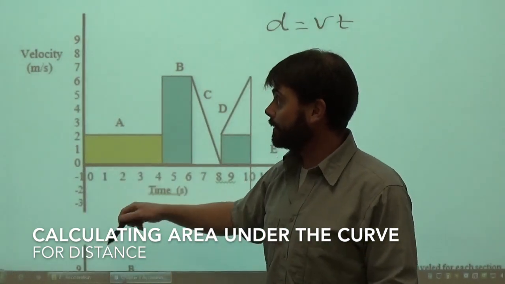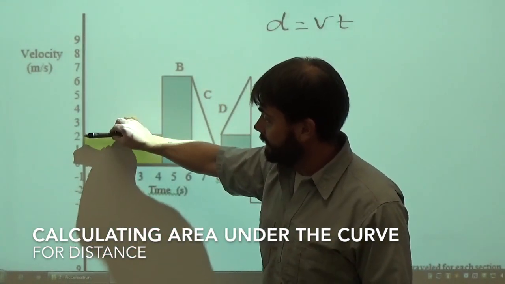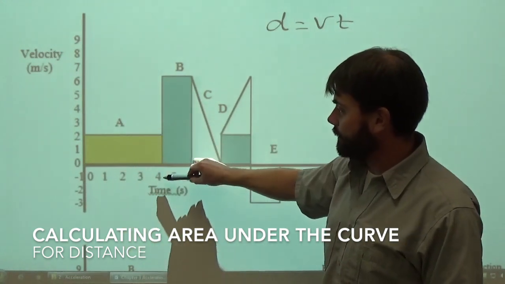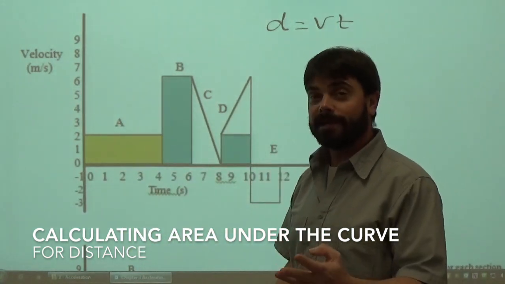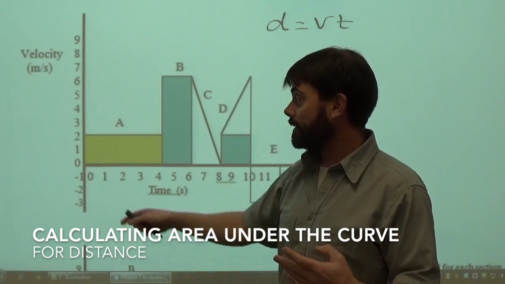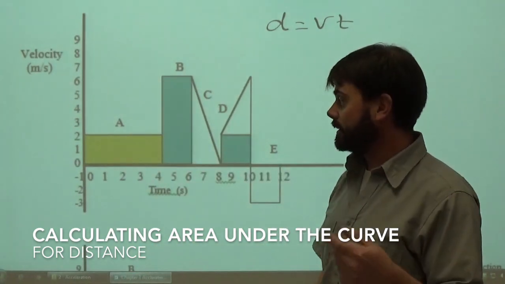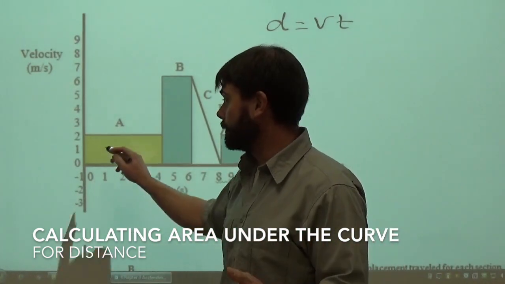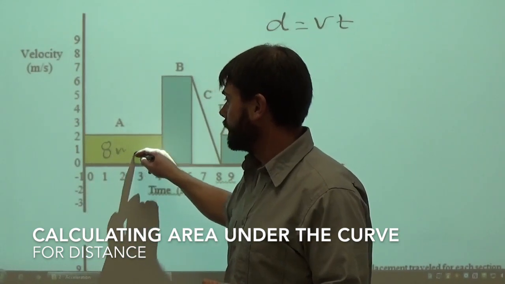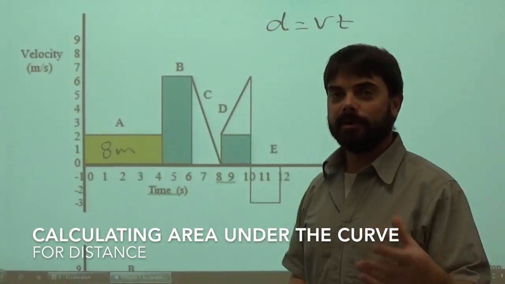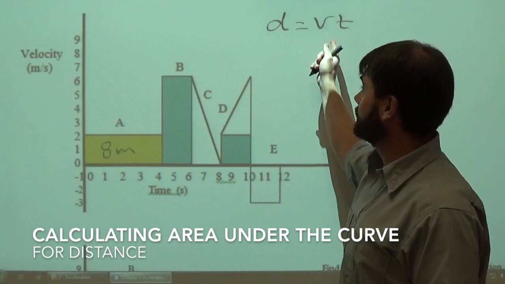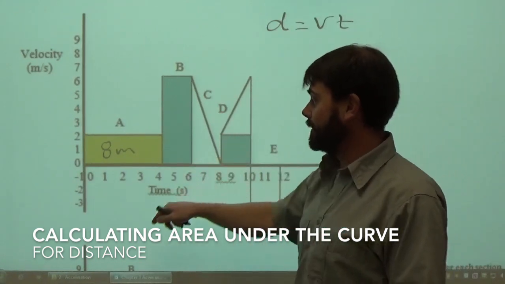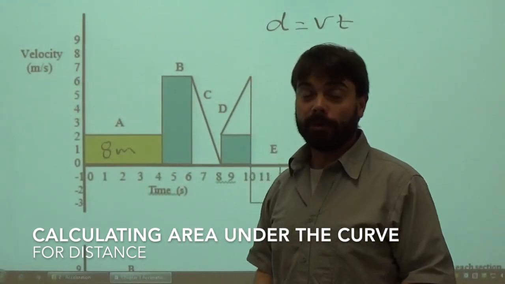So in the first example, this shows velocity of 2 meters per second, and the person travels for a total of 4 seconds. So on the graph, if you actually look at the rectangle, it's 2 by 4, and 2 times 4 equals 8. The area of that segment is 8, which also represents 8 meters, because distance would also be equal to velocity multiplied by time, which would be 2 times 4.